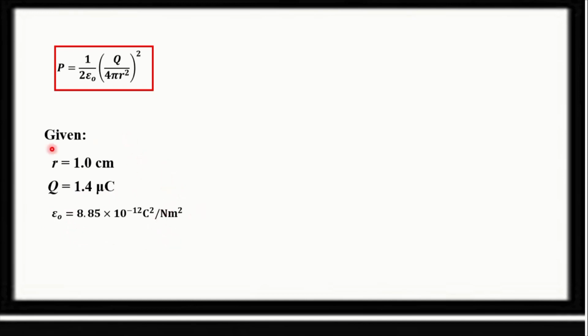We plug all this into the equation for pressure, and we get a simple answer that the pressure is equal to 70 kilopascals, or approximately 0.7 atmosphere. It's not a large pressure, but it is not a small pressure. It's almost atmospheric pressure.